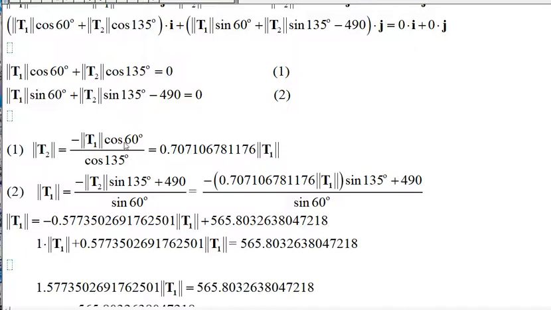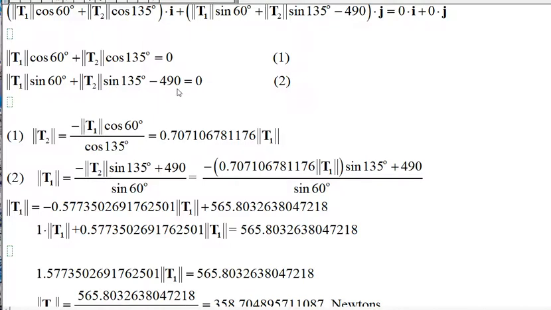And then on the calculator, we do cosine of 60 degrees divided by cosine of 135 degrees. We get a negative number. And then since we have a negative right here, negative makes it positive. And so this is what we end up with.